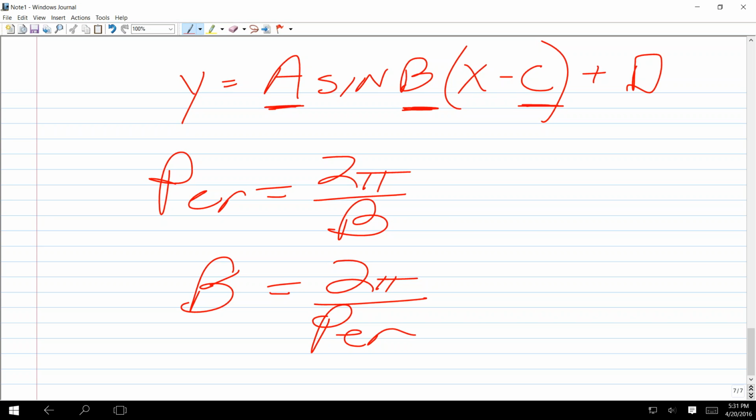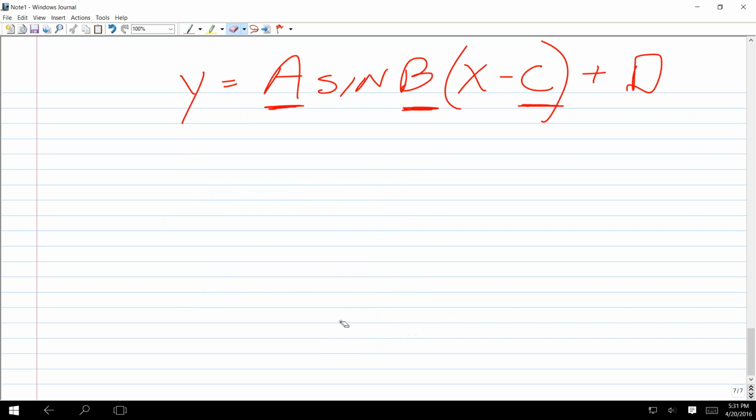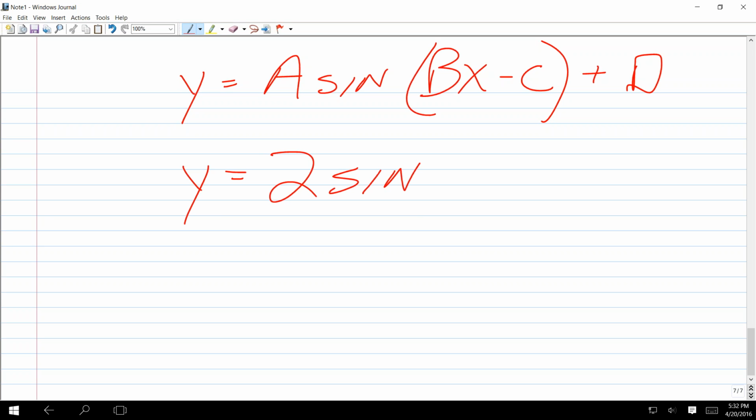And now, there is a tricky part to this b, and it's the only one that really is tricky. It depends on whether the b is inside the parentheses or out. You might get an equation that has the b inside like that. In other words, I can certainly give you an equation like this.